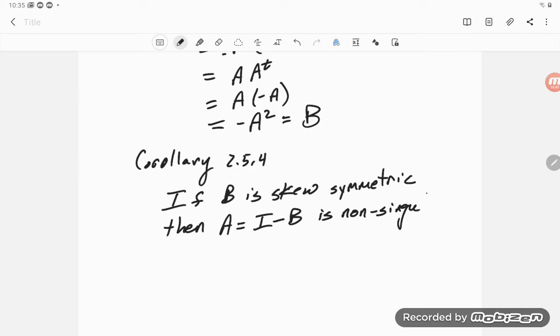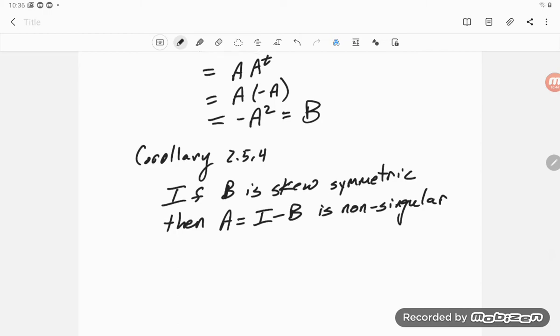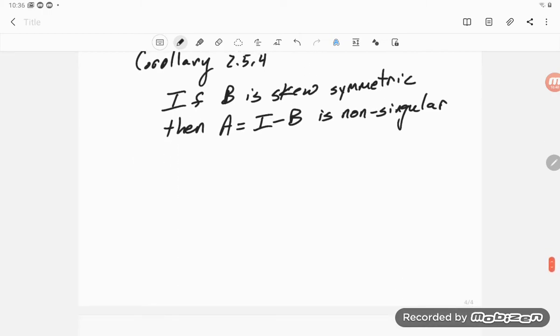So that's very interesting. No matter what B is, if it's skew symmetric, then if I take I minus B, I get a non-singular matrix. I get an invertible matrix.